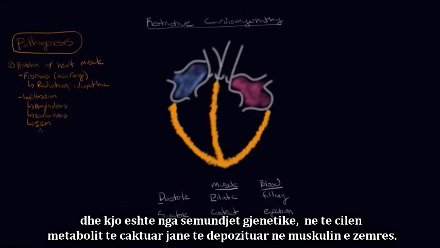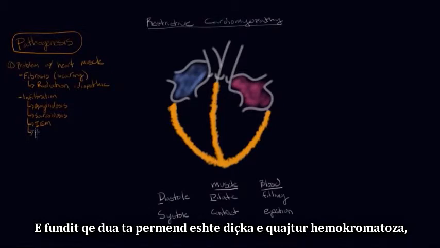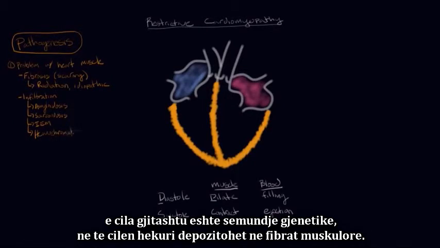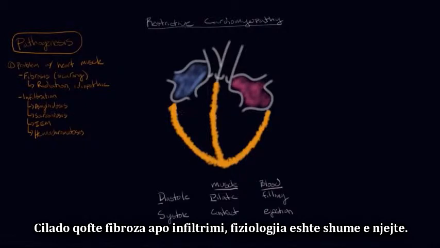And this is a set of genetic diseases in which certain metabolites are deposited here in the heart muscle. And then the last one I want to mention is something called hemochromatosis, which is also a genetic disease in which iron is deposited in the muscle fibers. And whether it's fibrosis or infiltration, the physiology is very similar.